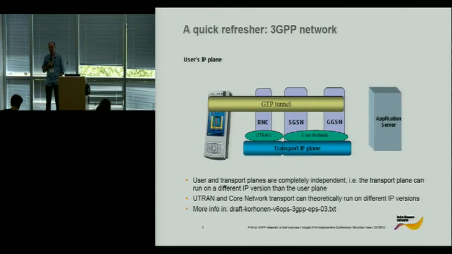Because we run everything over a tunnel, a lot of things get a lot easier, because everything that's underneath doesn't matter. We can run that on a private IPv4 network or whatever, but the user will never see that. So we really only have to deal with the tunnel and make sure that everything there is IPv6 compliant.